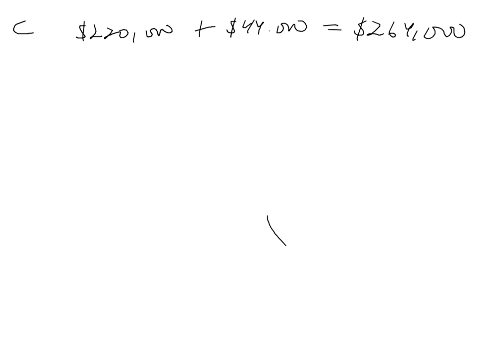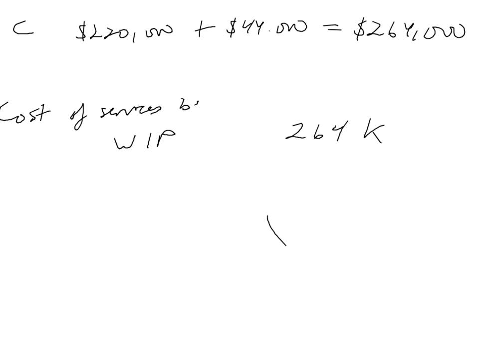So when we're doing our journal entry, we're going to credit work in process for $264,000, and we're going to debit our cost of services billed for $264,000 as well. So that's what your journal entry is going to look like if you were going to journalize C.